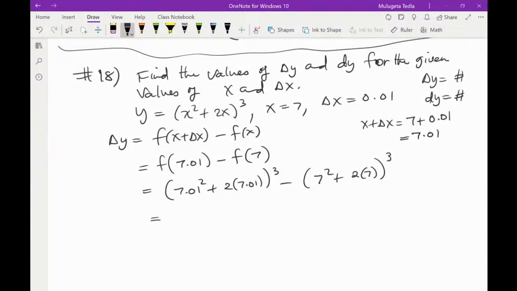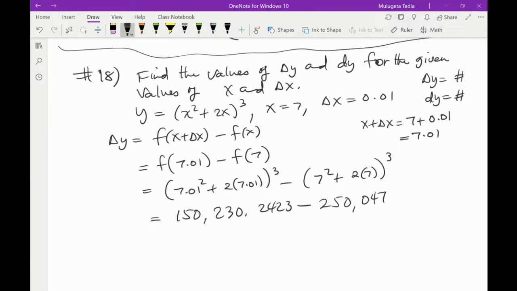I got 150,000. Is that what it is? 230.2423 minus 7 squared is 49 plus 14 to the power of 3 is 250,000.47.